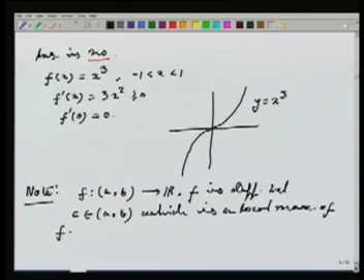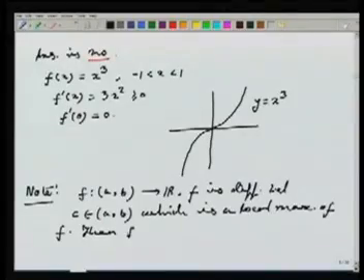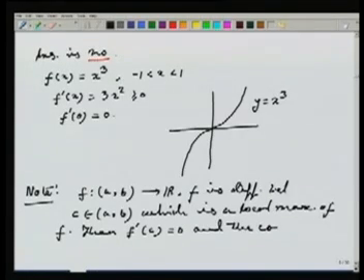Then we have proved in the previous lecture that the derivative of the function at that point has to be equal to 0, and the converse is not true.